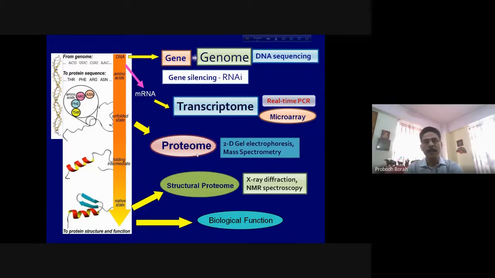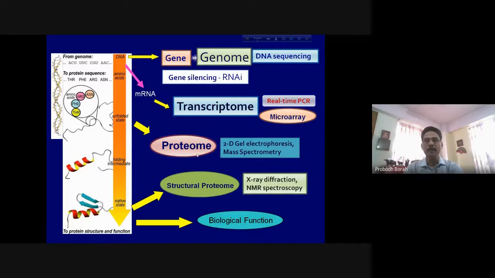So the product of transcription is a transcript or a messenger RNA. So the messenger RNA corresponding to a particular gene sequence contains the same genetic code. That means it is simply a complementary sequence of the DNA sequence of the gene, except for the fact that the variation is there in terms of the nucleotide sequence.